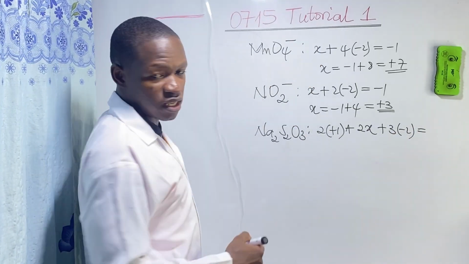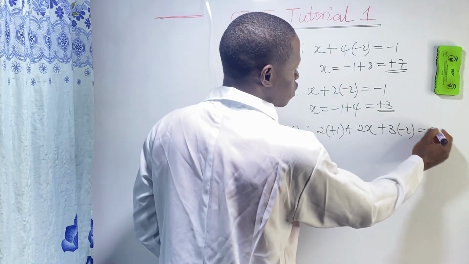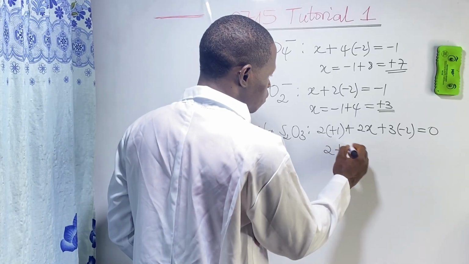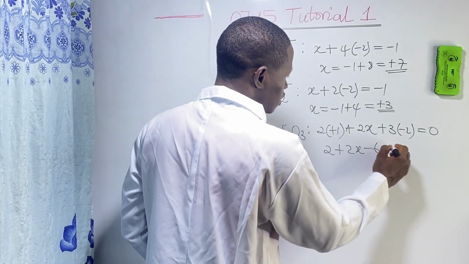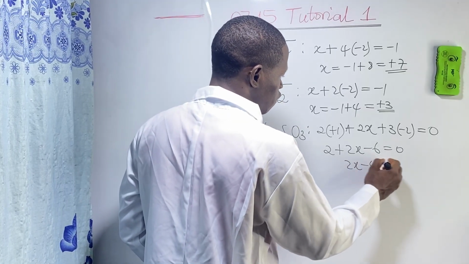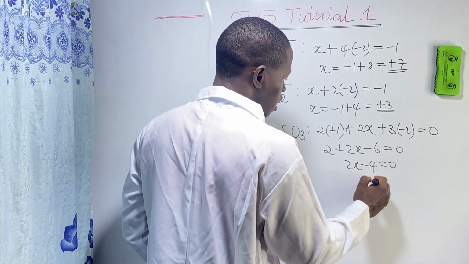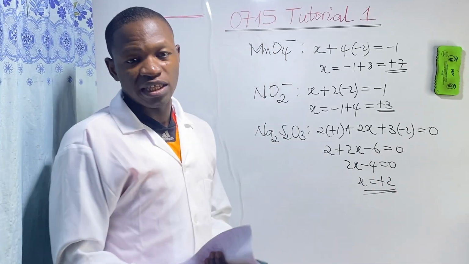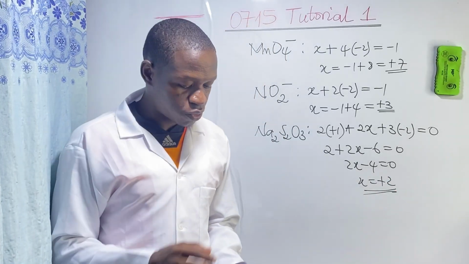The thiosulfate is a neutral molecule, so equal to 0. So what do we have? 2 plus 2X minus 6 equals to 0. 2X minus 4 equals to 0. X equals to +2. So sulfur in thiosulfate is +2.